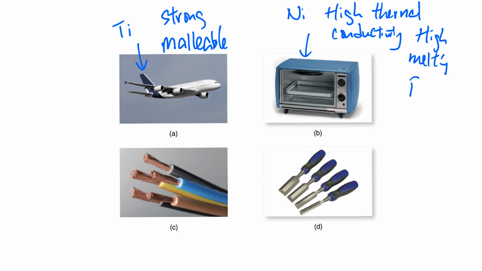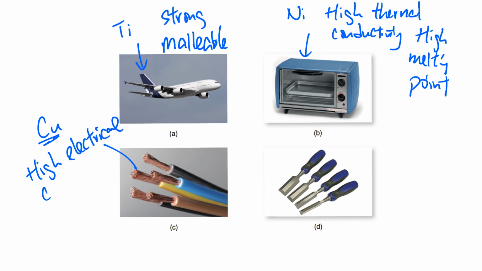And then we have the copper wire. This one is so typical: it has high electrical conductivity, and it is pulled into wire, so therefore it has high ductility as well.